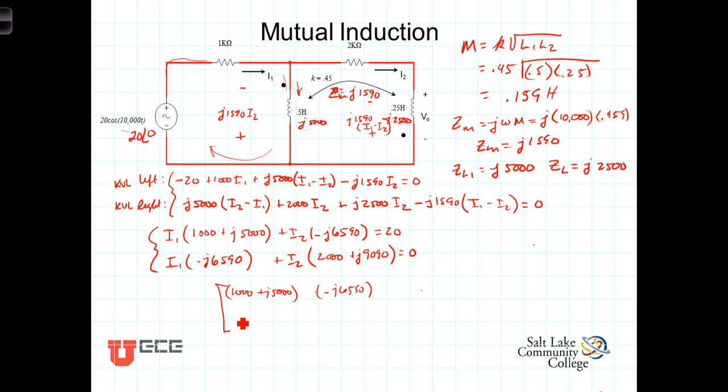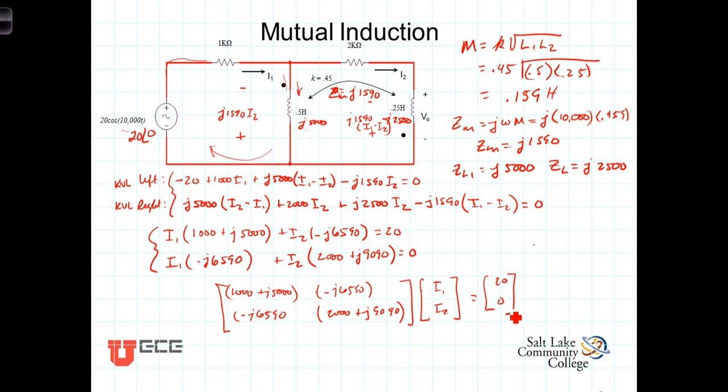And then down here we have minus j6590 and 2000 plus j9090, times I1, I2, is equal to 20, 0. So there's our system of equations in matrix form.